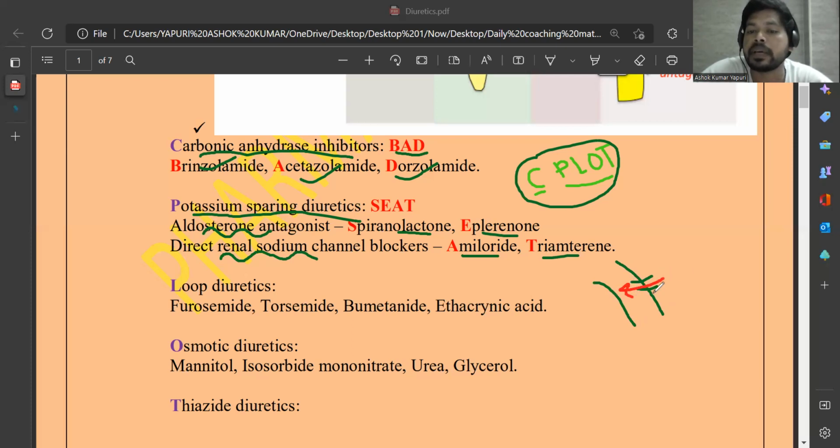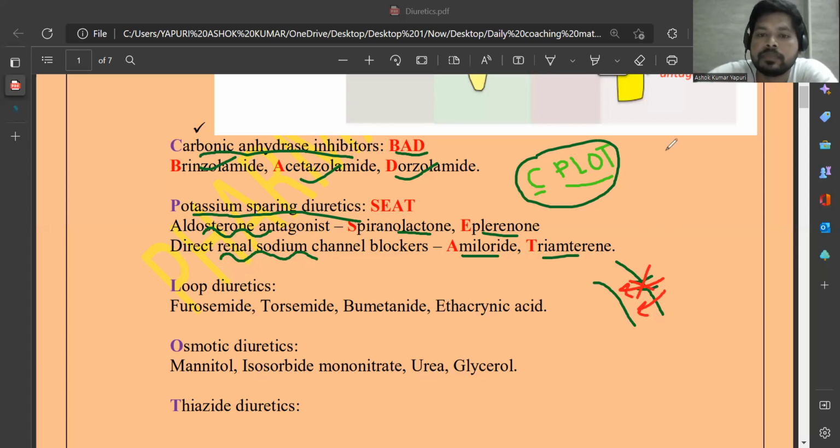If sodium enters, again water also enters into the blood, into the body. This leads again to increased body fluids. So that's why drugs like amiloride and triamterene block the sodium channels and prevent the influx of sodium and also influx of water, and decrease body fluids.